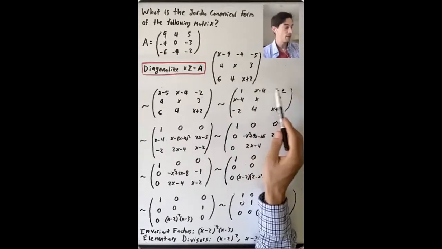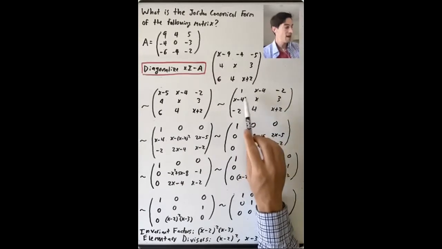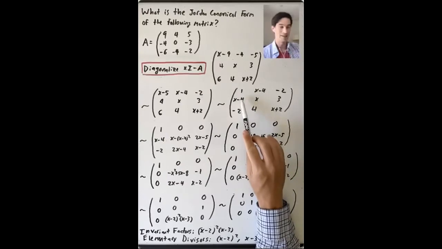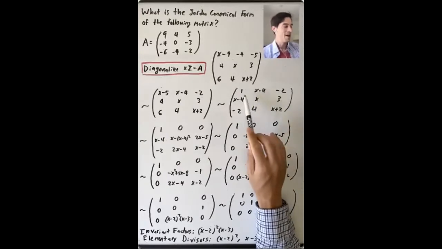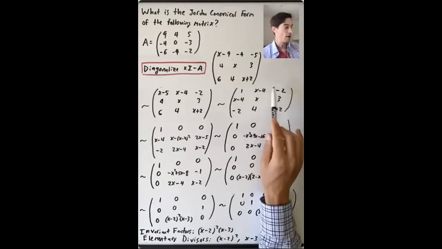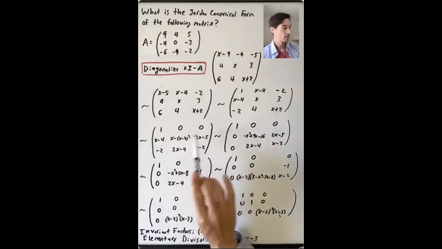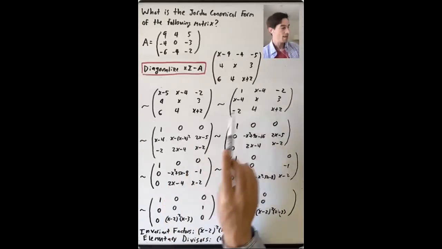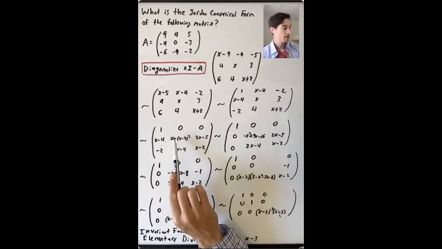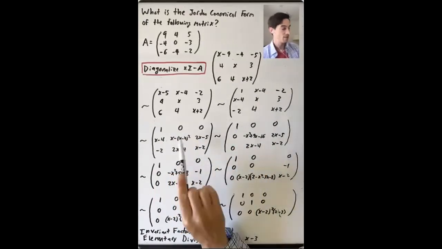I have this 1 up here. So what I'm going to do is subtract x minus 4 times the first column from the second column, and add twice the first column to the third column, to zero out these entries in the first row. I'm taking x minus 4 times the first column and subtracting it from the second column, so I get 0.